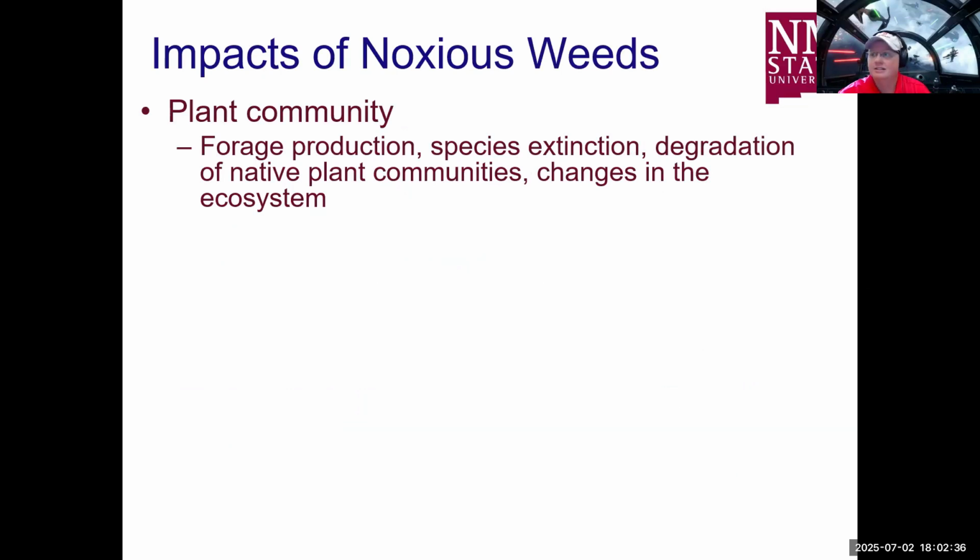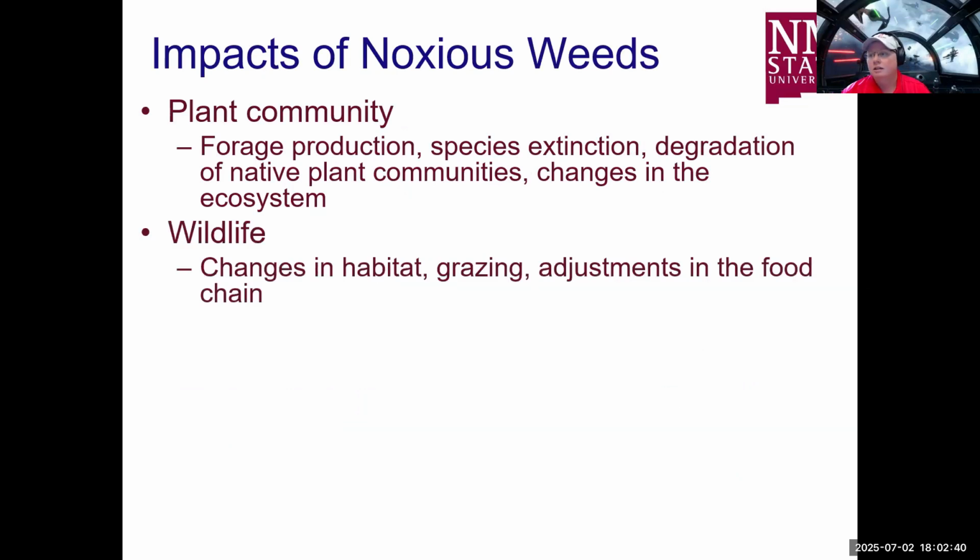And that, of course, has windfall impacts into other areas as well, like wildlife. So you have changes in habitat, grazing patterns, adjustments in the food chain. Even endangered species might become more endangered as a result of a change in the food chain, or the availability of the food locally in that area if you're a predator.